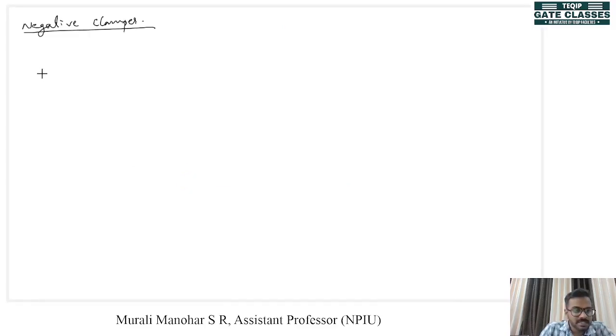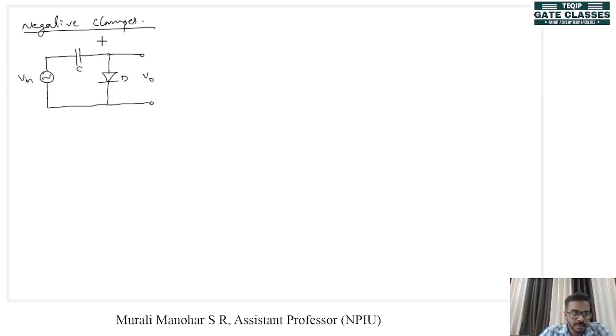So this is the circuit of a negative clamper. Vout, Vin, capacitor and diode. So we know that during the positive half cycle, diode will be forward biased.